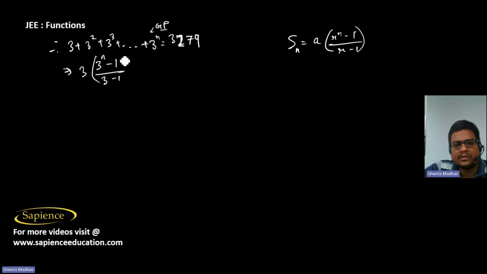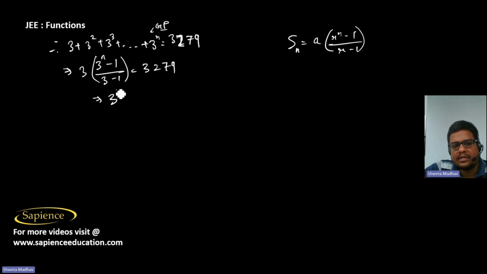It is a GP. So the sum of n terms of a GP is equal to a into r power n minus 1 by r minus 1. So here first term is 3 and the common ratio is also 3, and there are n terms here. So 3 into 3 power n minus 1 by 3 minus 1 is equal to 3279.